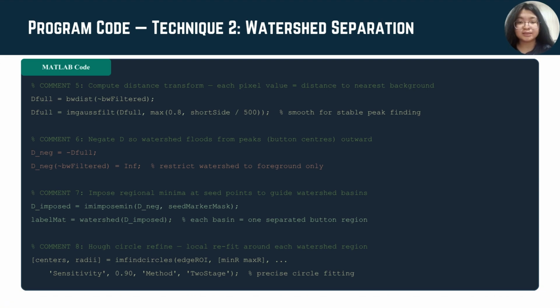And for this slide, the code separates overlapping buttons. It uses distance transform to find button centers, then applies watershed to split touching buttons. Hough circle detection is used to refine the result, so the final count is more accurate.